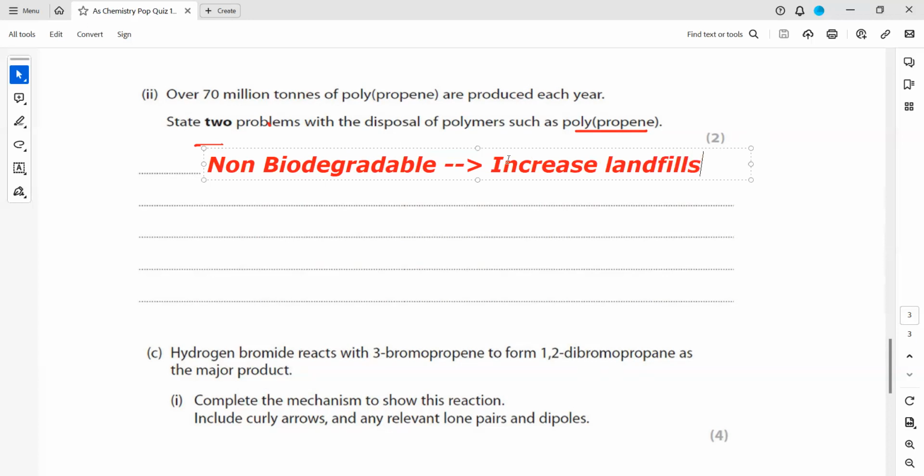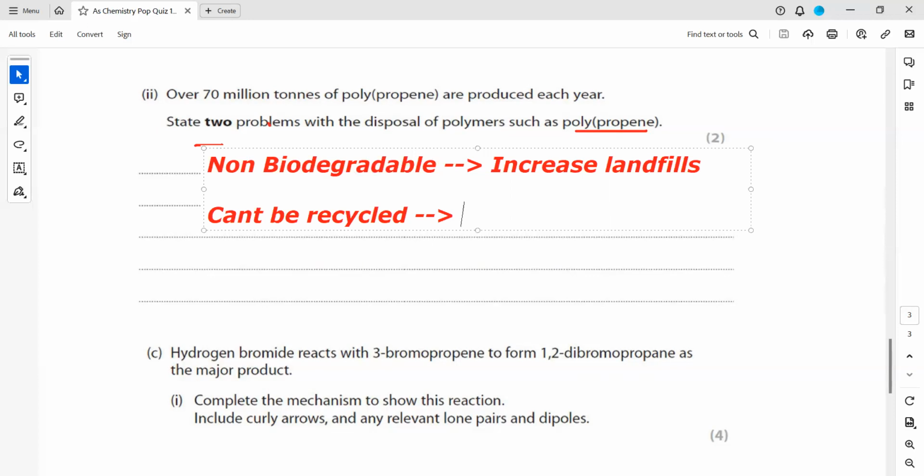And they cannot be recycled. So what is the effect of not being recyclable?